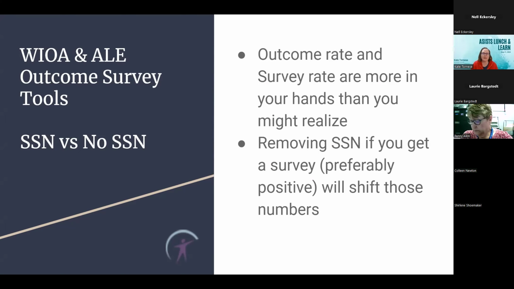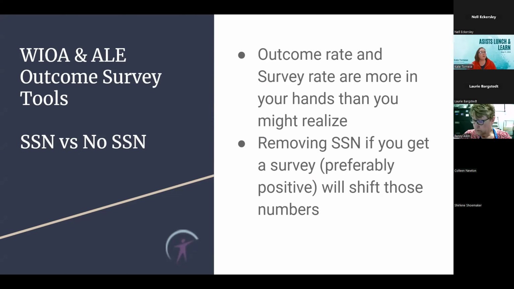We're all being asked not just to meet our 90% survey rate, but also to meet our percentage target of positive outcomes. And if you have students who are in the social security number group, that's sort of out of your hands. You're not held accountable for surveying those students because you don't have control over whether we get a return on that data match.